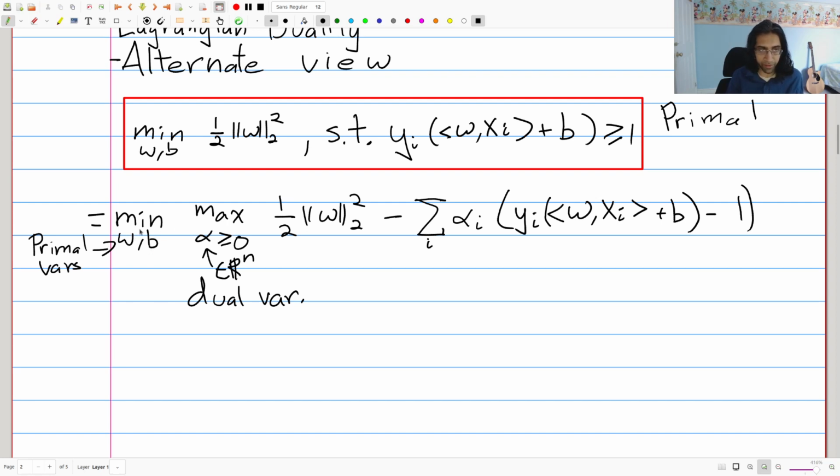In general, if you have a min and then a max problem, or a max and a min problem, you can't swap the order and expect the same value. Doing the two in a different order might give you a different value. But under certain technical conditions, which in fact apply here, and which we're not going to get into, you can swap the order of the min and the max, and it will maintain the same value.